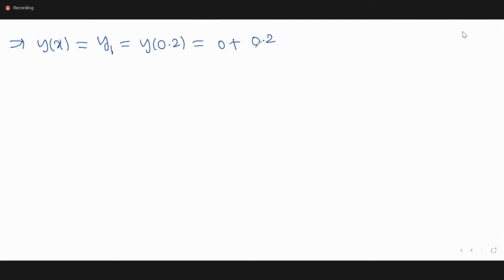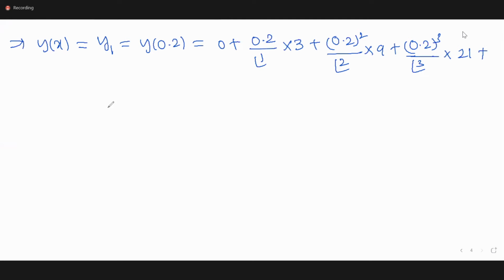Plus h value 0.2 by 1 factorial into y naught dash 3, plus 0.2 whole square by 2 factorial into y naught double dash 9, plus 0.2 whole cube by 3 factorial into y naught triple dash 21, plus 0.2 whole power 4 by 4 factorial into 45. And neglecting the higher order derivatives from fifth order.